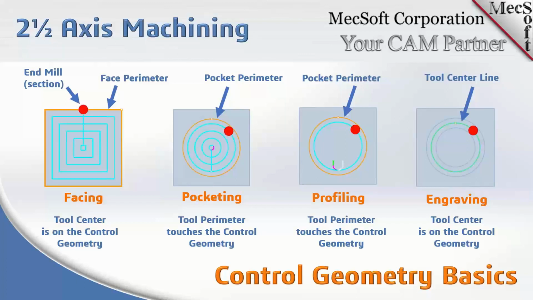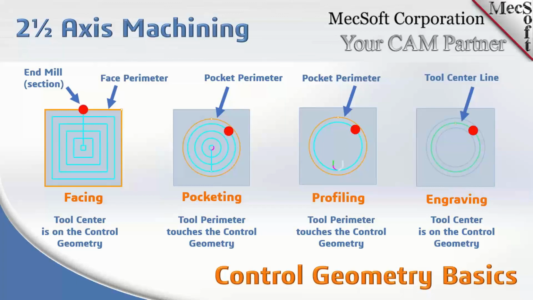So that's a good operation if you want to engrave some lettering on a part, or if you want to tell exactly where you want the tool to move, you can just draw the control geometry curves and use that as input to your engraving operation.